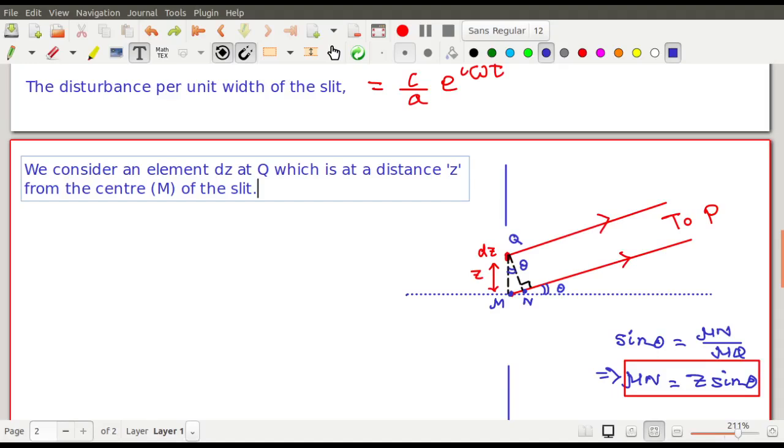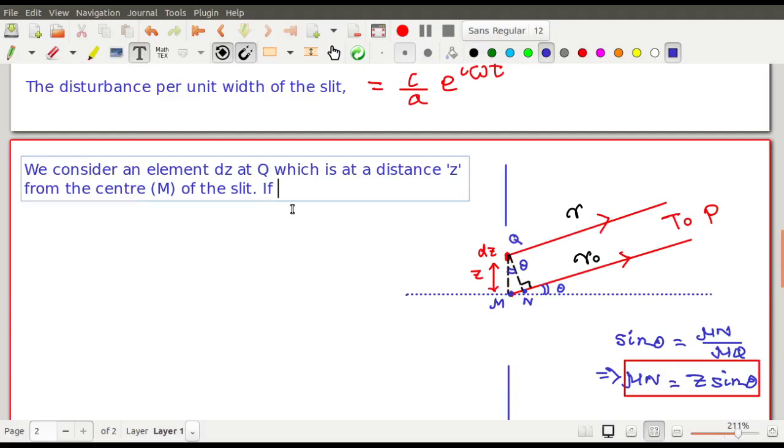If r be the distance, এই যে এই ডিসটেন্সটা হচ্ছে r, this distance is r, Q থেকে P, that distance is r, and from the midpoint the distance is r0. Okay, these are the two distances.